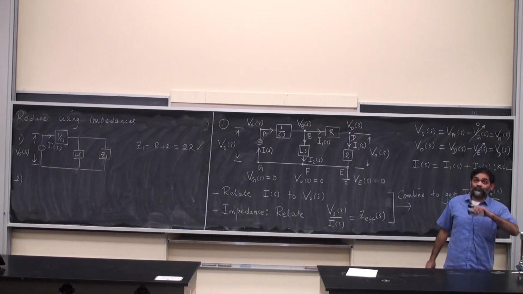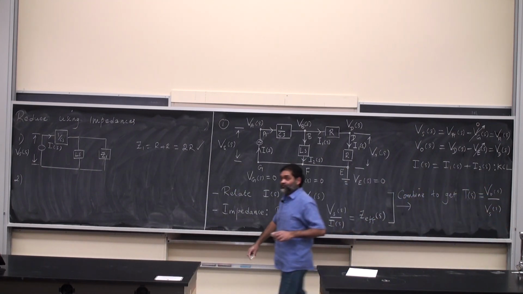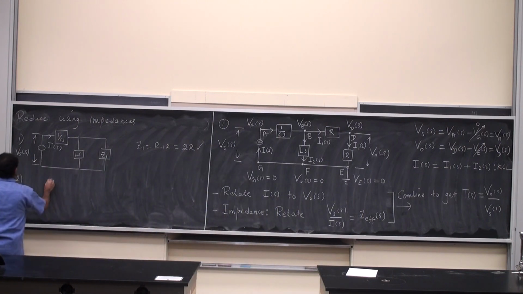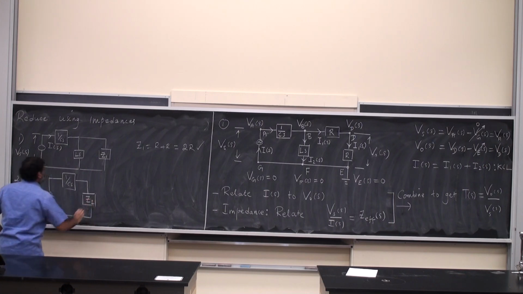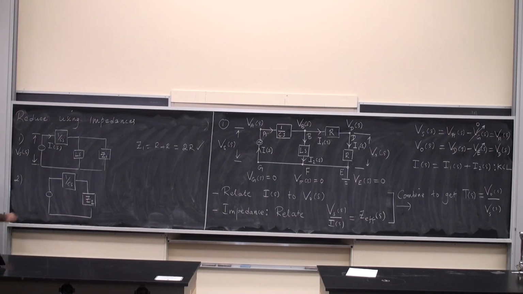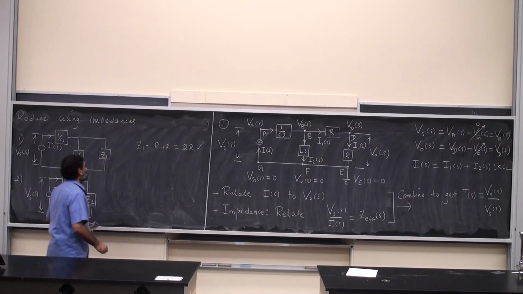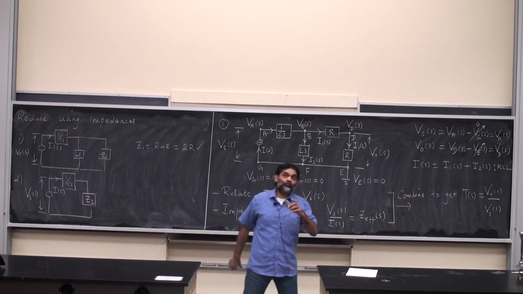Then the second reduction, Z1 and LS are in parallel. So replace them by a single one. So 1 by CS. Call it Z2. Okay. This is I of S, Vs of S. How do I calculate Z2? Reciprocal rule.